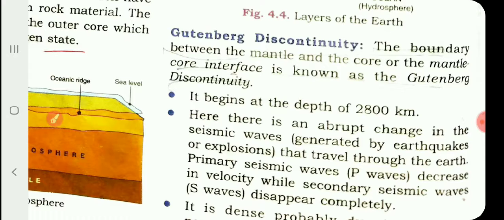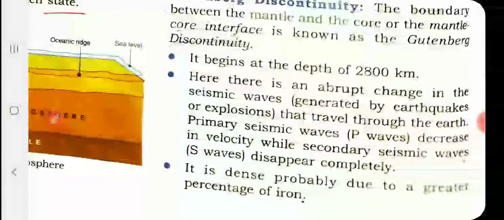Now there is another discontinuity, the Gutenberg discontinuity. Who is Gutenberg? Gutenberg is another scientist who discovered a discontinuity. What did he discover? The mantle is getting over and the core begins.